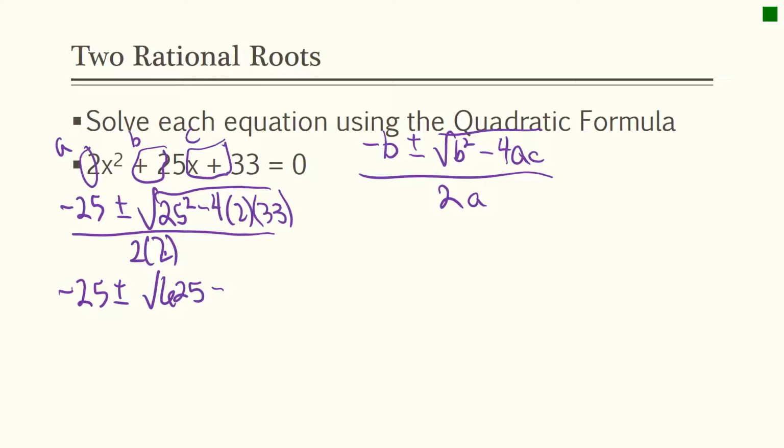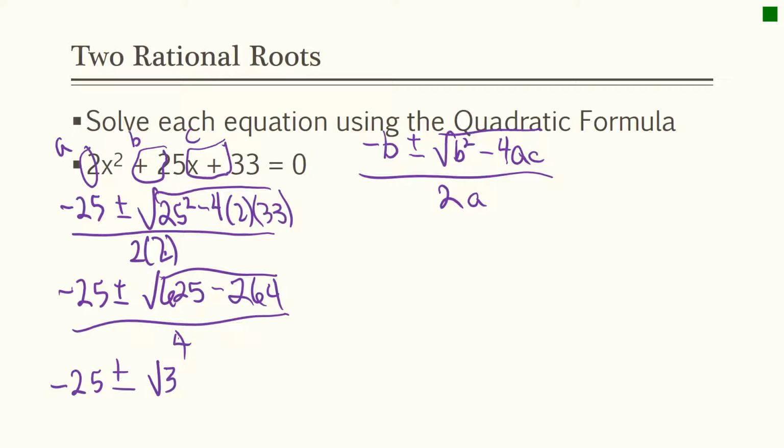Negative 4 times 2 is negative 8, times 33 is negative 264, over 2 times 2, which is 4. So negative 25 plus or minus the square root of 625 minus 264, which is 361, over 4.